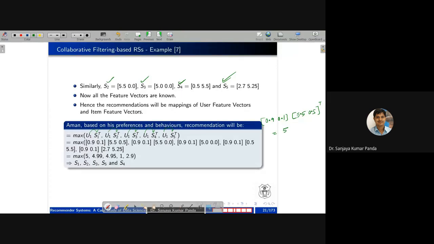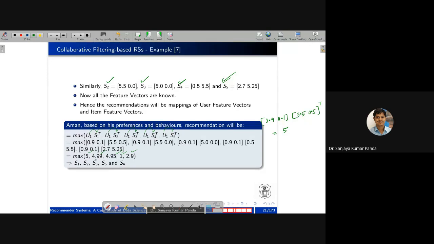Similarly, you take U1 and multiply with S2 transpose, you multiply U1 with S3 transpose, U1 with S4 transpose, U1 with S5 transpose, and you will get the values 5, 4.99, 4.95, 1 and 2.9 respectively.